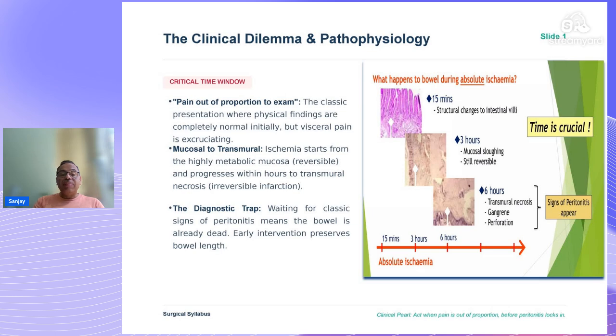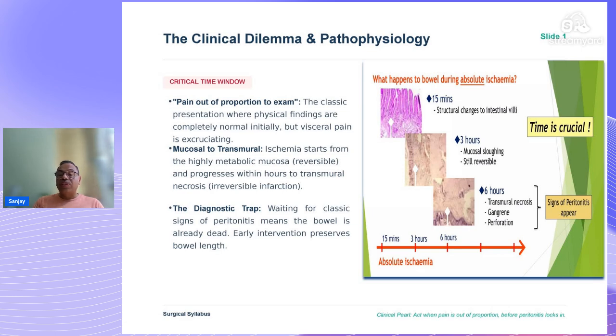Now, mucosal to transmural ischemia. Generally, ischemia starts from the highly metabolic mucosa. So the first layer of the gut which is vulnerable is the mucosa. If there is only mucosal ischemia in the early stage, it is still reversible. But if the occlusion is not relieved, it can progress to transmural necrosis, and then it becomes an irreversible infarction.